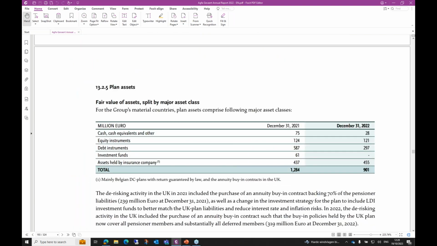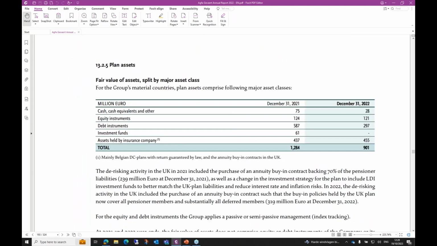Then also on the plan assets, you need to make the split. And we are almost there. I know it's 12:30, but you need to make a split. What kind of investments do you have in the plan assets? Typically for the Belgian plan group insurance, you may mention it's a Tak 21 investment, for example, through an insurance company, but not always it's like that.